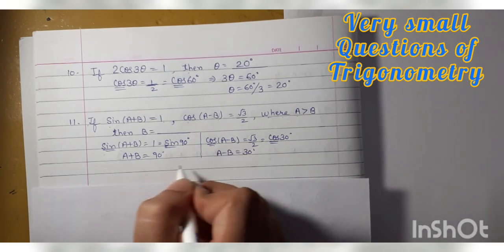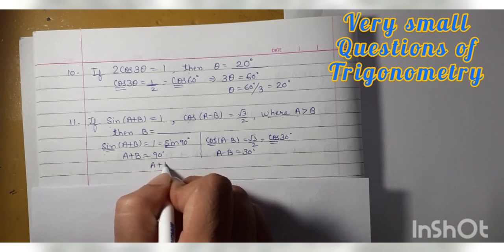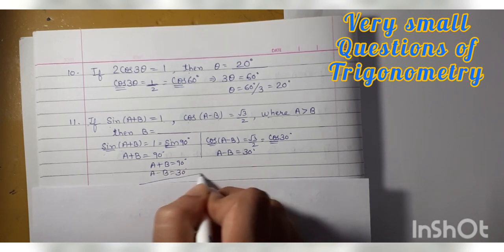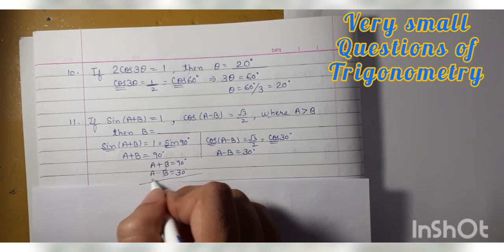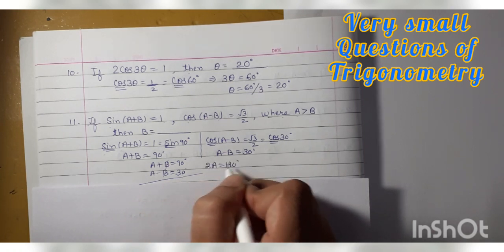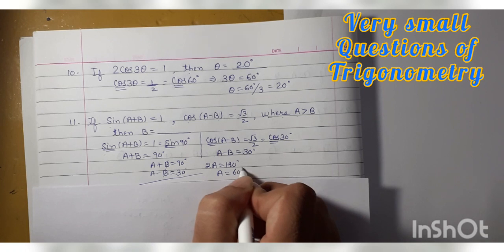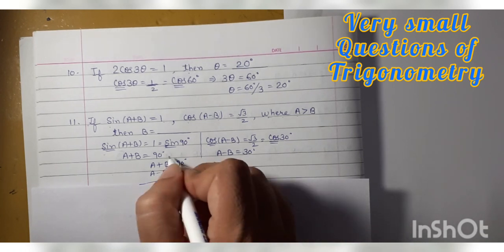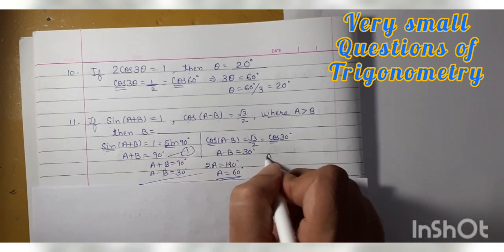Then by linear equation with two variables, b to b cut, 2a is equal to 120 degree, a will be 60 degree, and put the value of a in equation number 1.